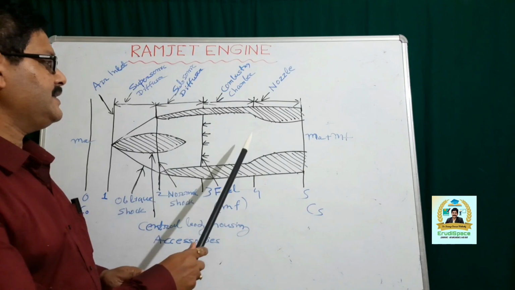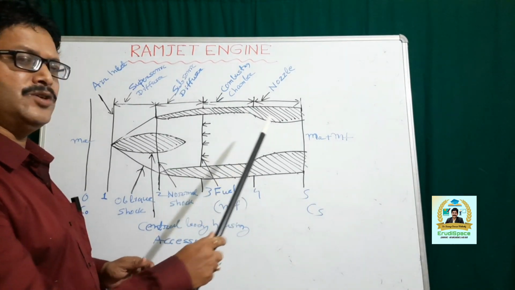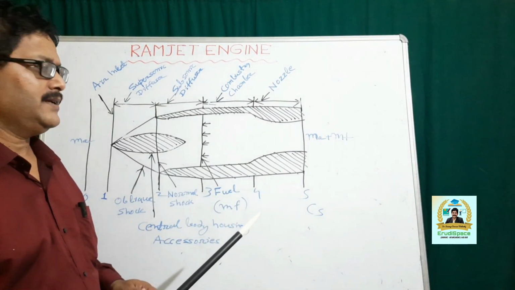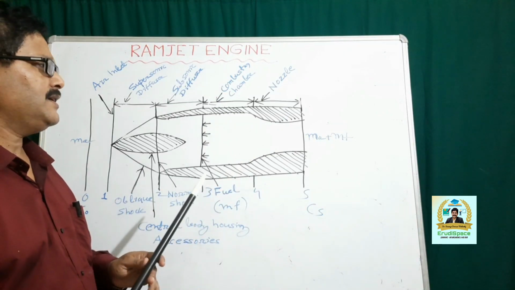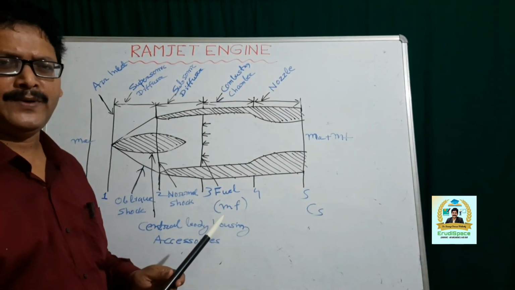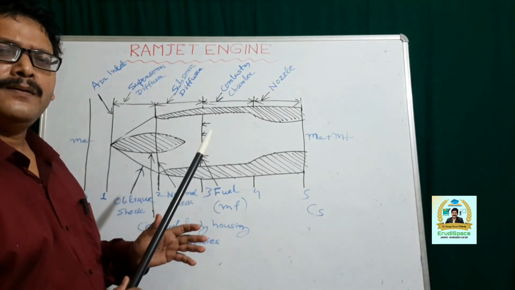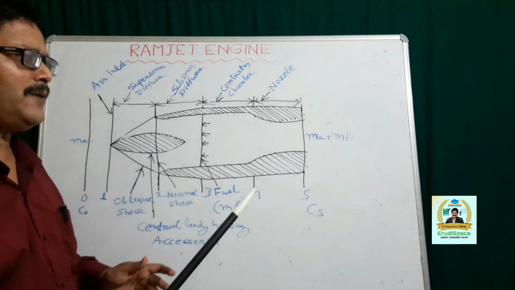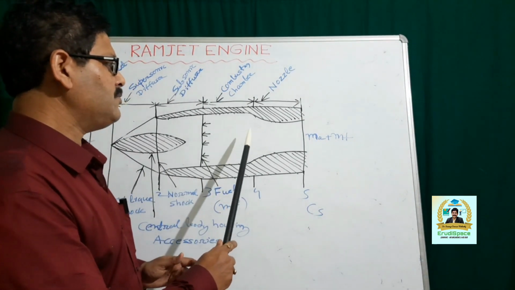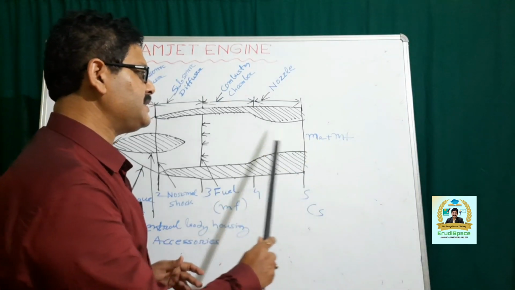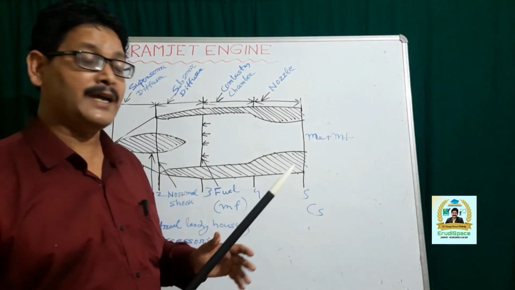And after that, it is made to pass through the nozzle where it undergoes expansion and a huge amount of kinetic energy is developed, or the velocity with which the working substance leaves is very high.